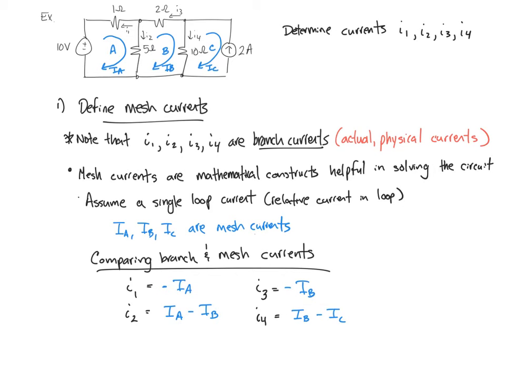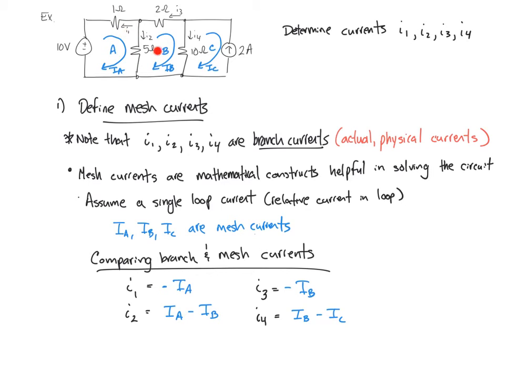So now we have taken the four unknowns, I1 through I4, and re-expressed them in terms of three unknowns, IA, IB, and IC. This works because although we've written them as four unknowns, they're not independent of one another. They are all related to one another by how these elements are connected to each other.